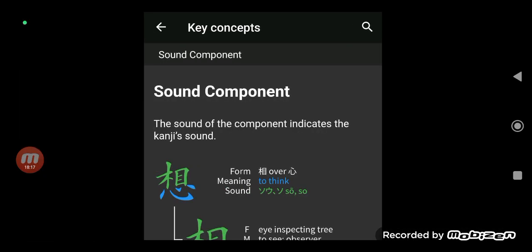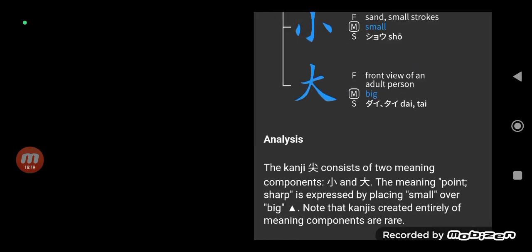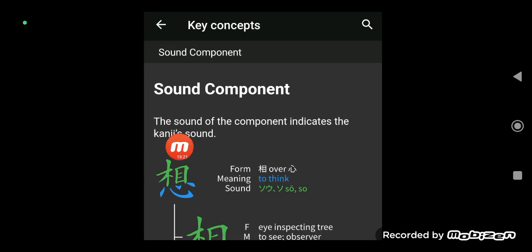What's a sound component? The sound of the component indicates the kanji sound. Kanji sound and kanji readings can be considered interchangeable. So when you say sound component, it's also the reading, but it only applies to the onyomi.